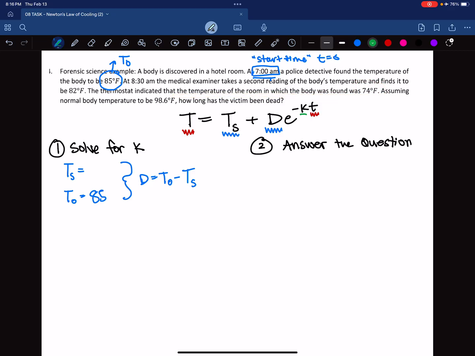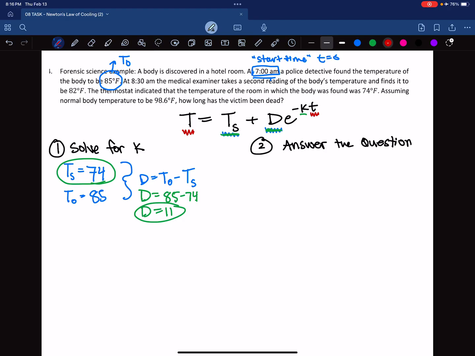So 74 is the surrounding temperature. So we can go ahead and calculate the difference between those two temperatures. So object 85 minus surrounding 74. So that'd be 11. Okay, I circled the temperature of the surroundings because those are the two things we're going to plug in.